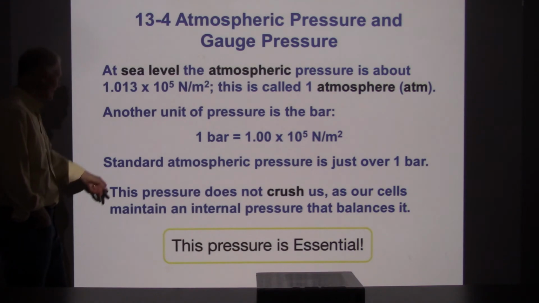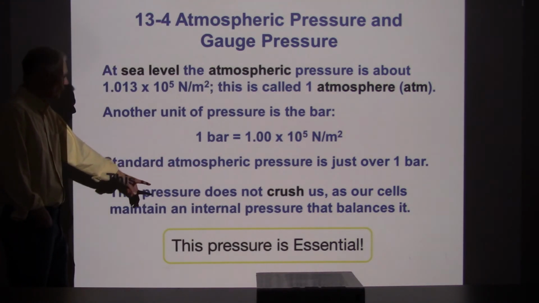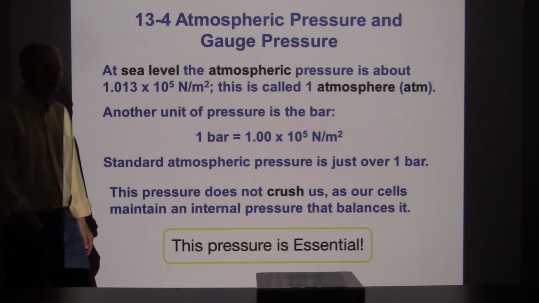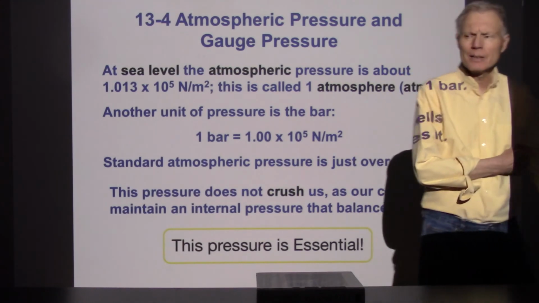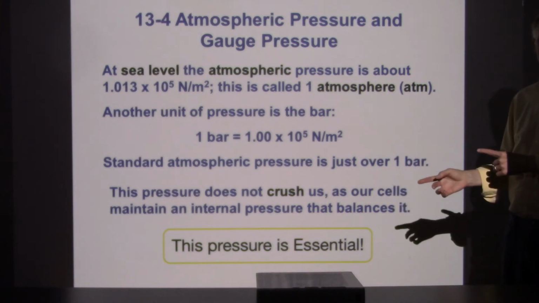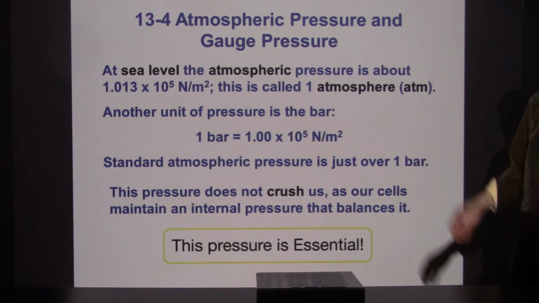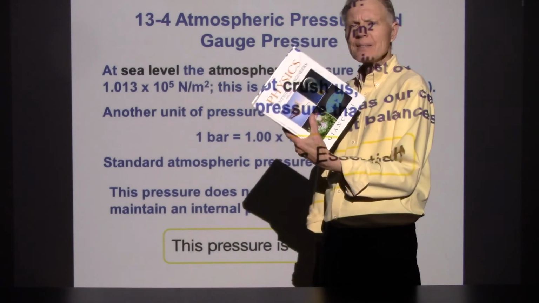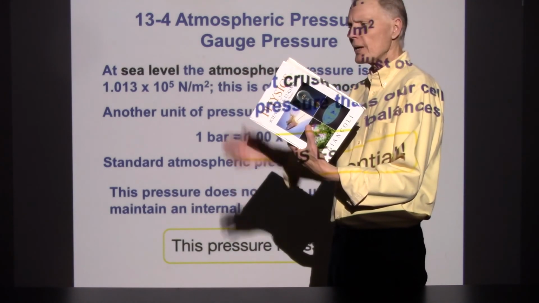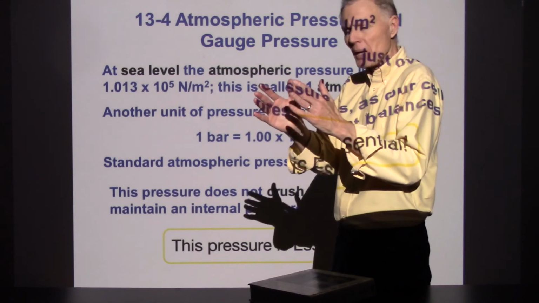Now here, again, they say the pressure does not crush us as our cells maintain an internal... I think that's kind of a funny thing to say. It's not that our cells maintain some kind of extra pressure to survive. It's just everything is at that pressure. This textbook is compressed due to air pressure. If we got rid of the air pressure, it would uncompress just a bit.